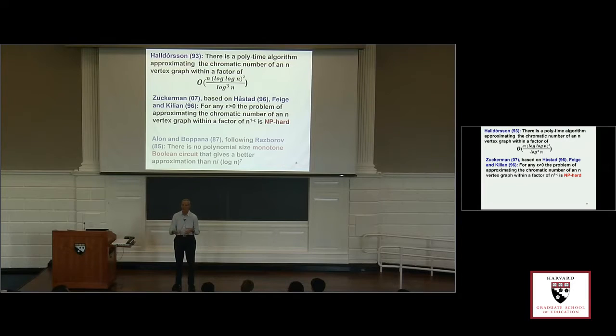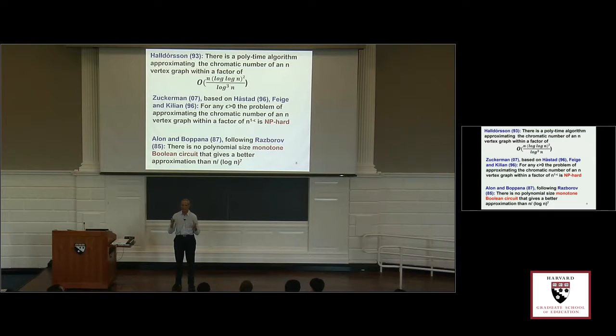So here I wrote one example. This is from an old paper with Ravi Boppana, following the work of Razborov. And it's not formulated there this way, but it follows easily from what is written there.